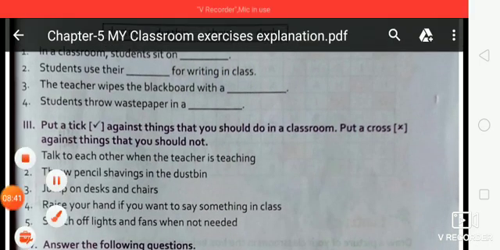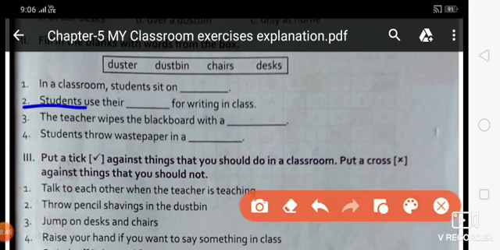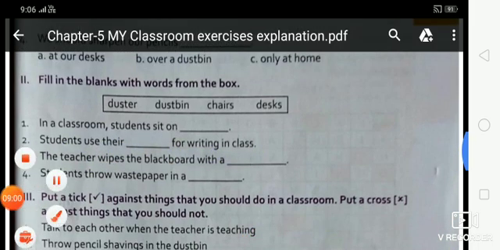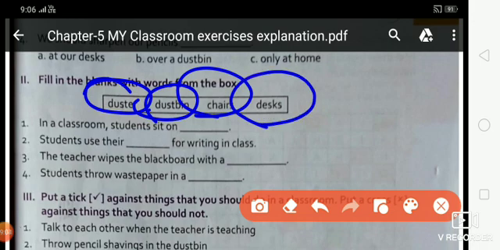Now move on to the second sentence. The next sentence is, students use their dash for writing in classroom. What is the thing that students use for writing in the classroom? Can you tell me? Is it duster or dustbin? Is it chairs or desks?